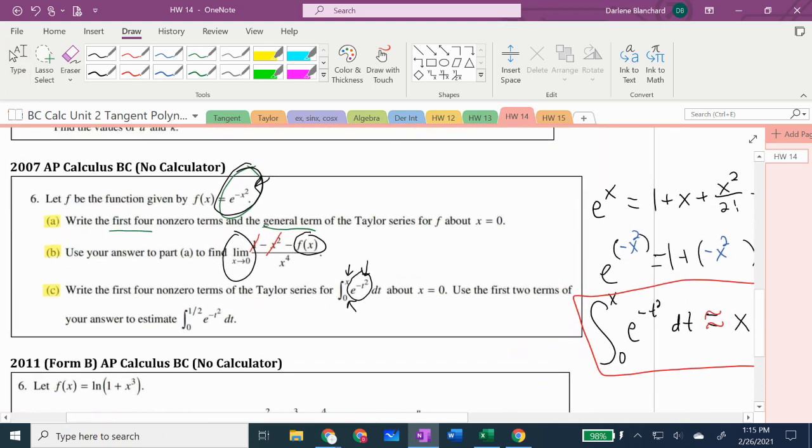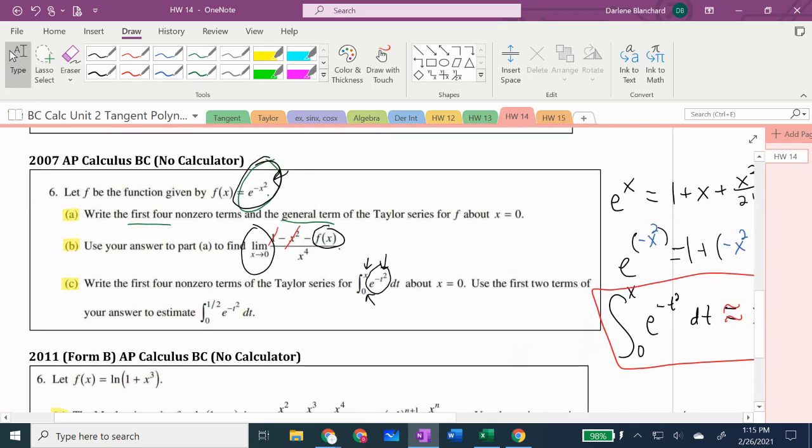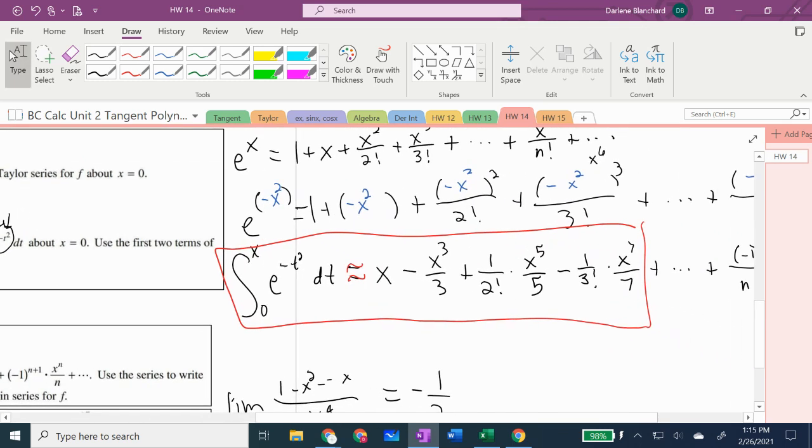It's wanting me to then use only the first 2 terms to estimate the integral from 0 to 1/2. So I am going to take my first 2 terms and just plug in 1/2 because that's the x.